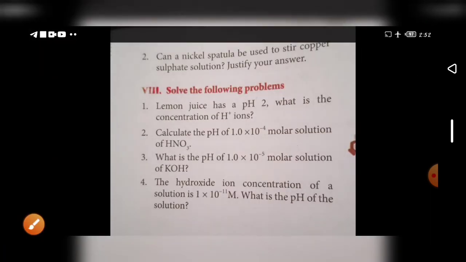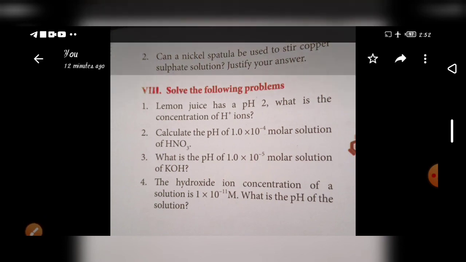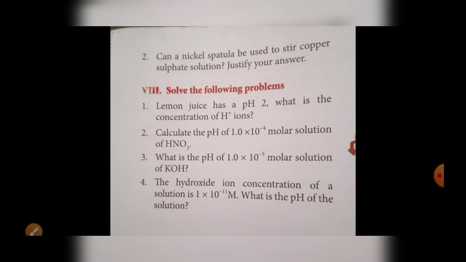Next question. Can a nickel spatula be used to stir copper sulfate solution? Justify your answer. Nickel is less reactive than copper. Copper displaces the nickel.